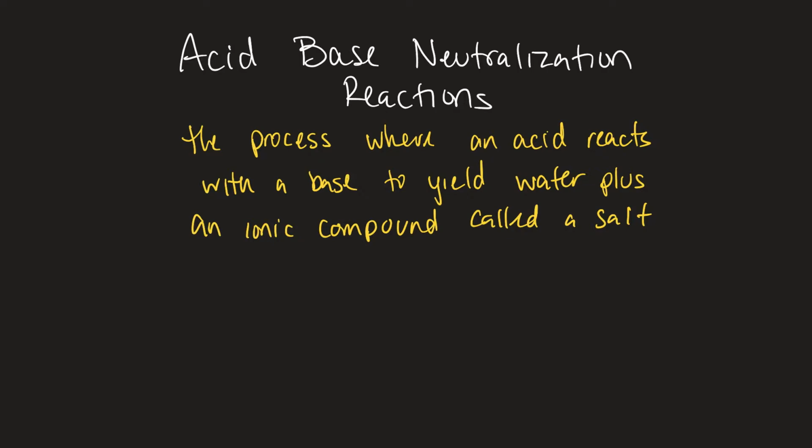First, before we jump into this, let's define what an acid is and what a base is. An acid is basically a substance where a hydrogen is attached to some type of anion, which I will call A. Examples are HCl, an acid, and HBr, another acid.